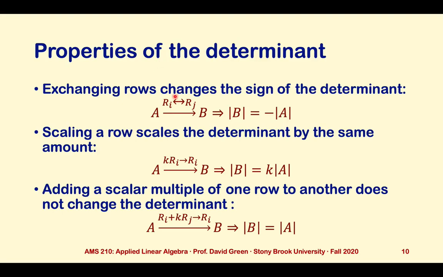Elimination, the whole process of forward elimination and back substitution, involves only these 3 types of operations. Each of these has a very simple effect on the determinant. Exchanging 2 rows changes the sign of the determinant.